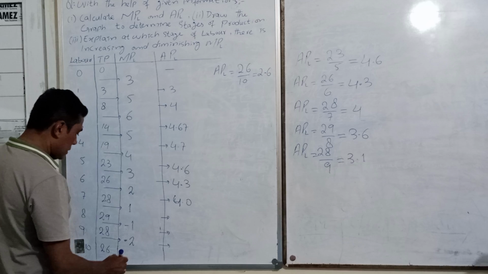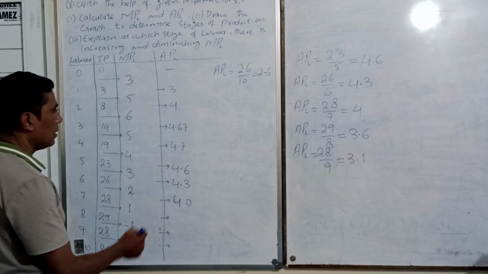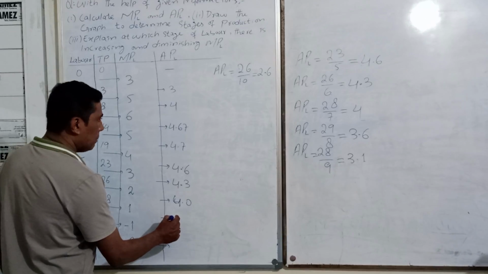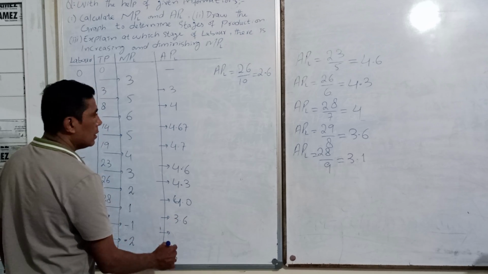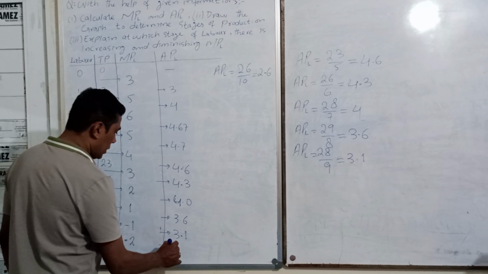So APL 4.0, 3.6 here, 3.1 here, and 2.6.